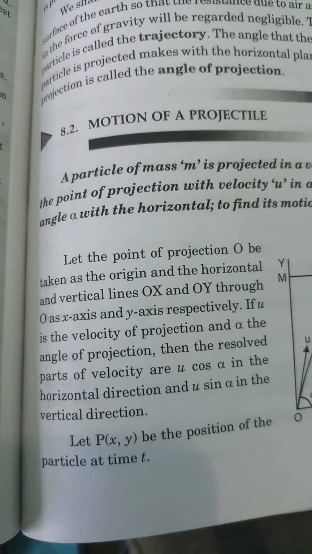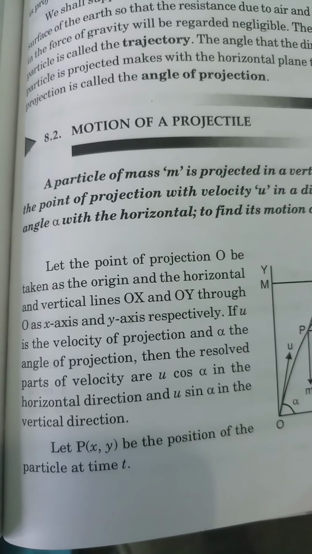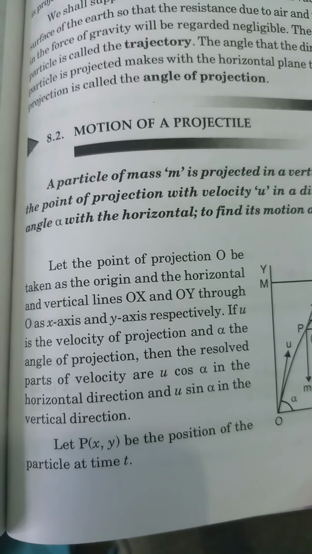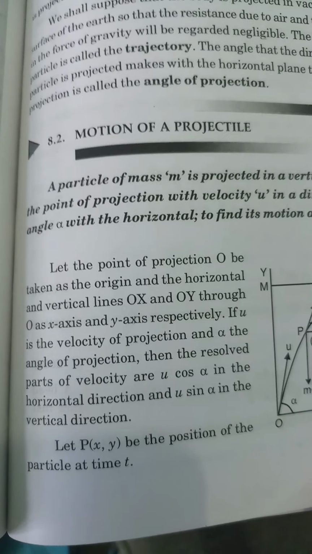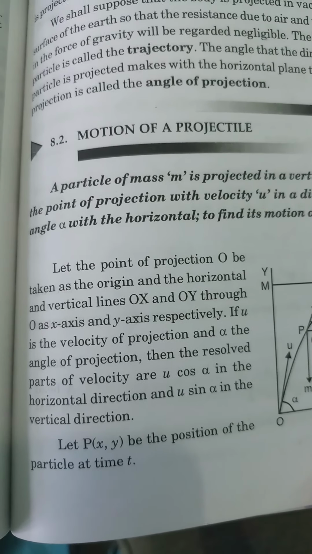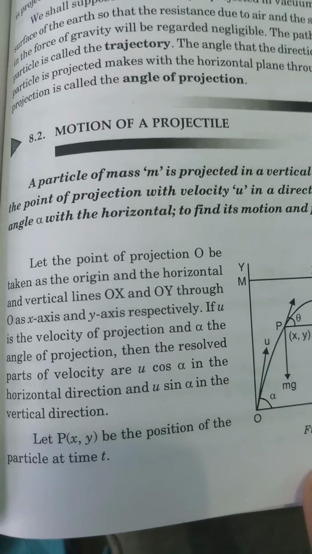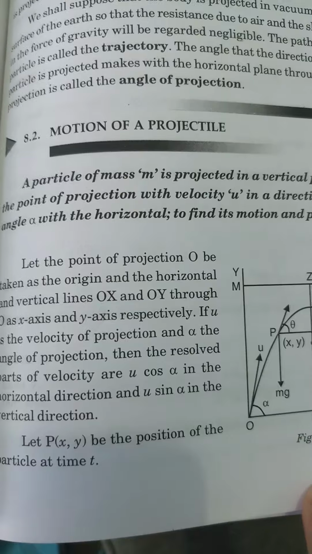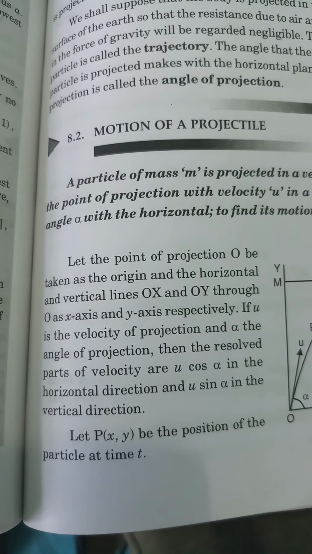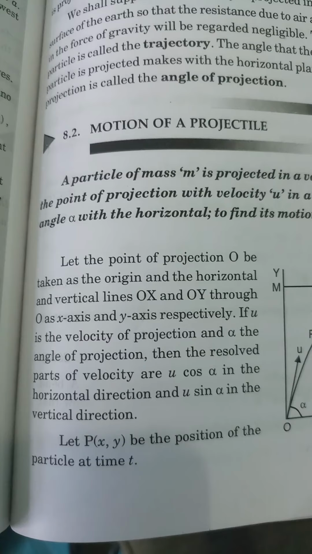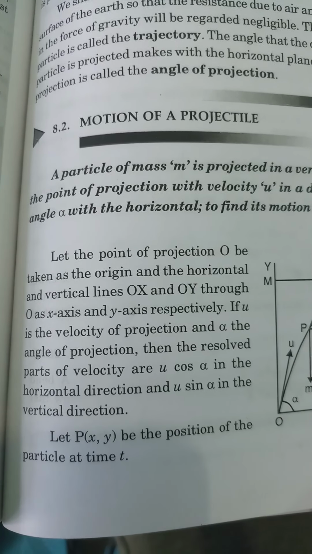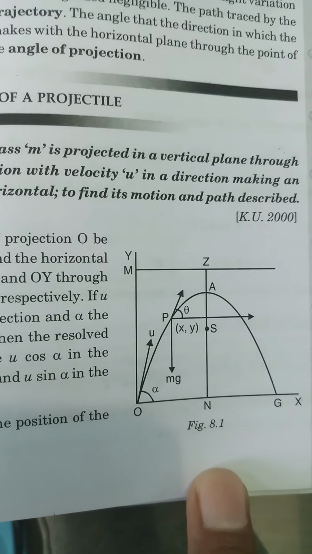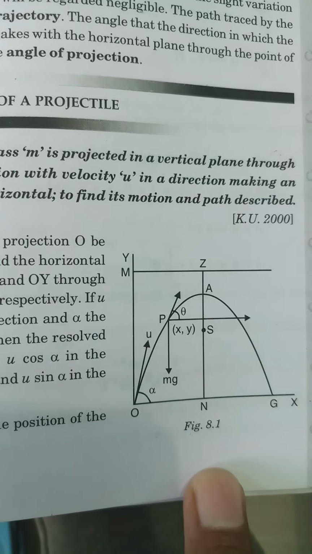If u is the velocity of projection and alpha the angle of projection, then the resolved parts of velocity are u cos alpha in the horizontal direction and u sin alpha in the vertical direction.